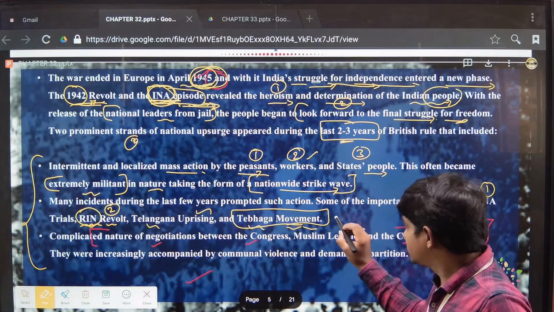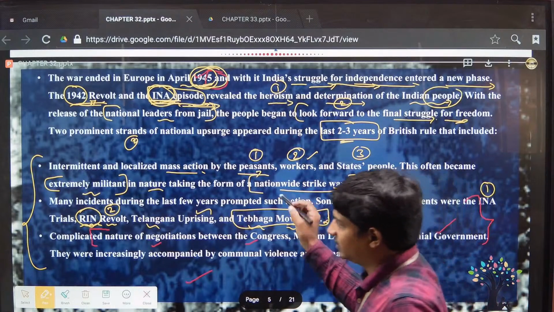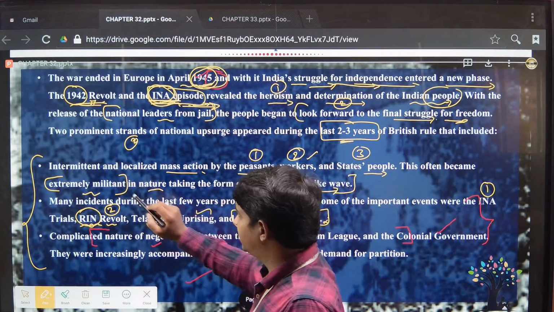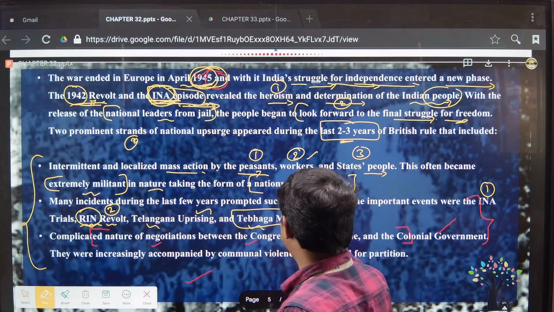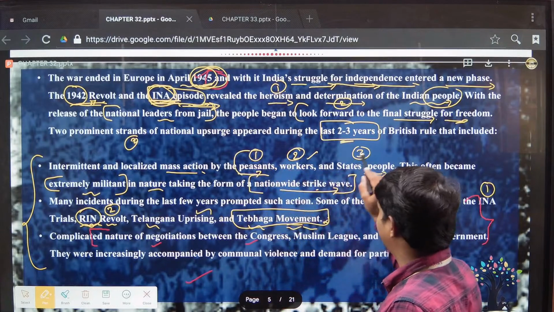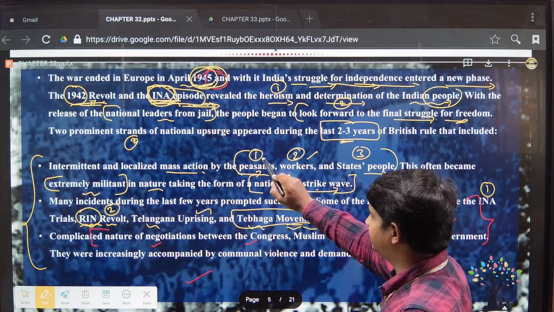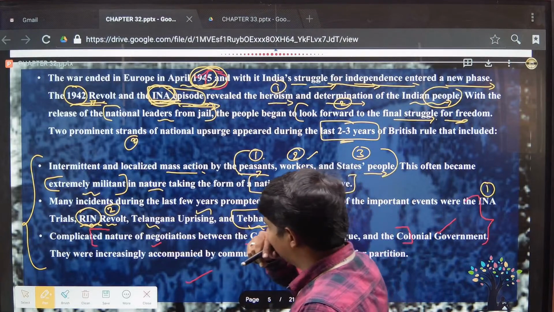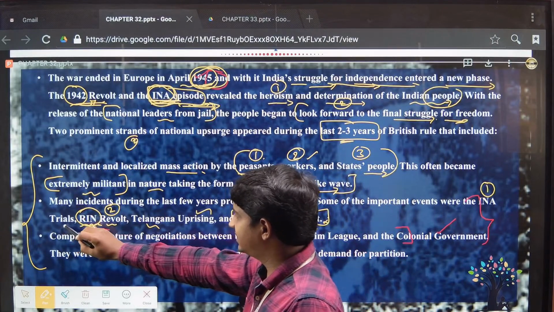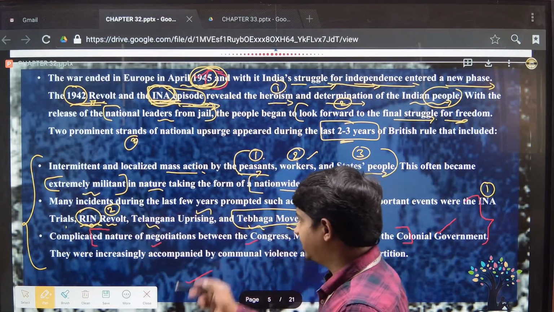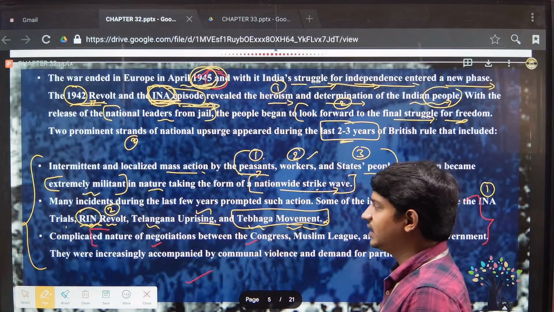So it was an agriculturist movement. The people were fighting from all parts, that is, the peasants, workers and the states. And the next incidents are the INA trials, the RIN Mutiny, and the Telangana and Tebhaga uprisings.